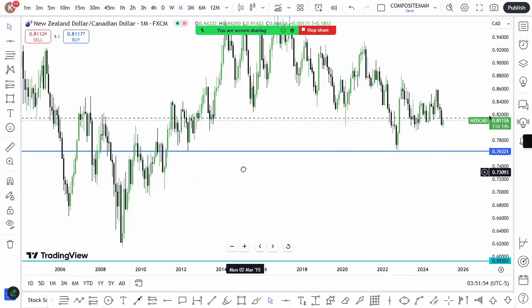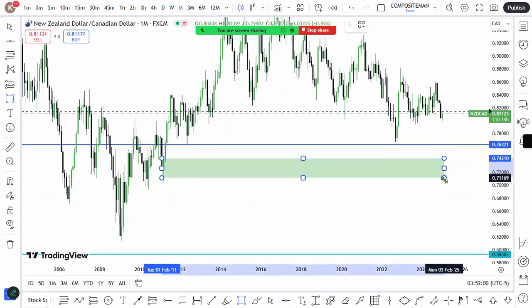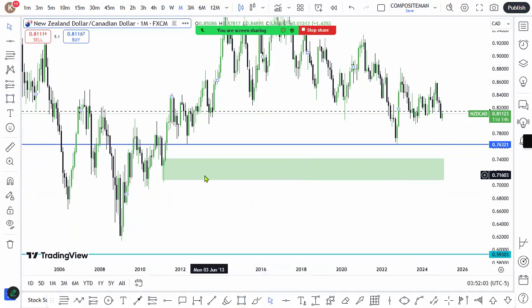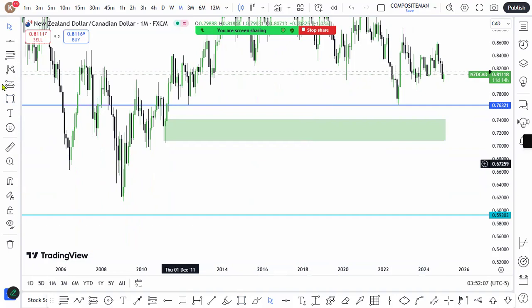Okay, nothing really good here, except if this market could have hit at least this zone. That could have been something better. This is the only zone that's unmitigated, and around this zone here.